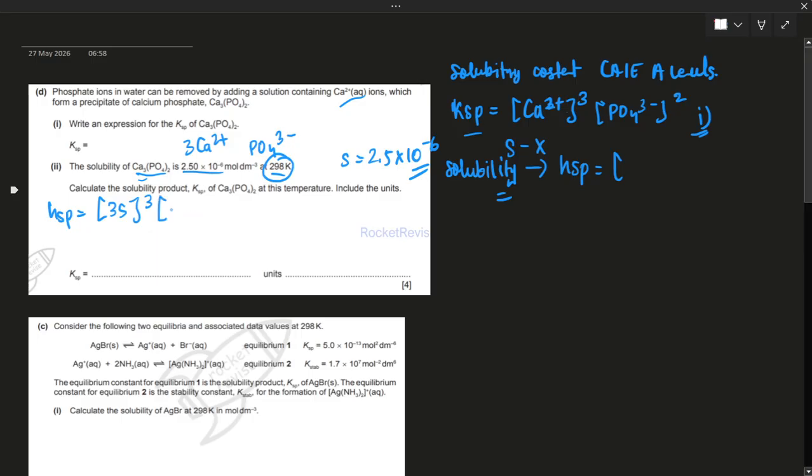The second part is phosphate ions. Since we're using one solubility value to calculate the rest, we have S as well, but there are 2 phosphate ions, therefore 2 multiplied by S, squared. This is exactly how you're going to do this. Now you combine them using simple maths.